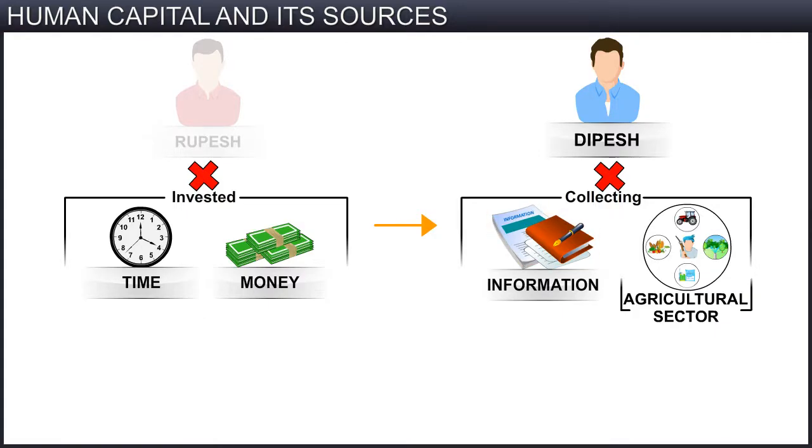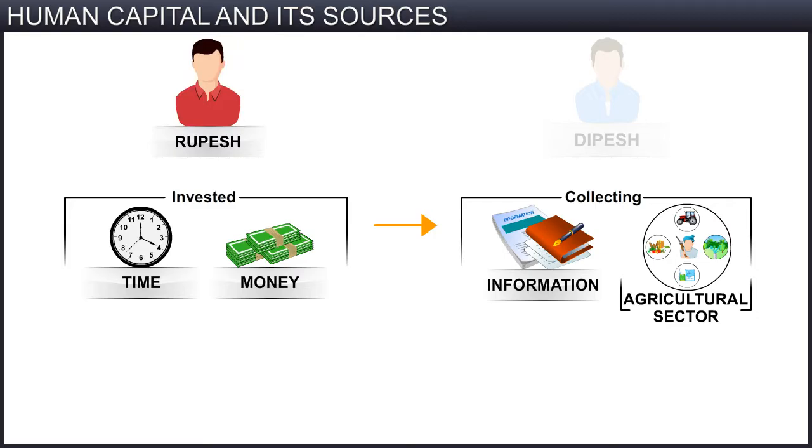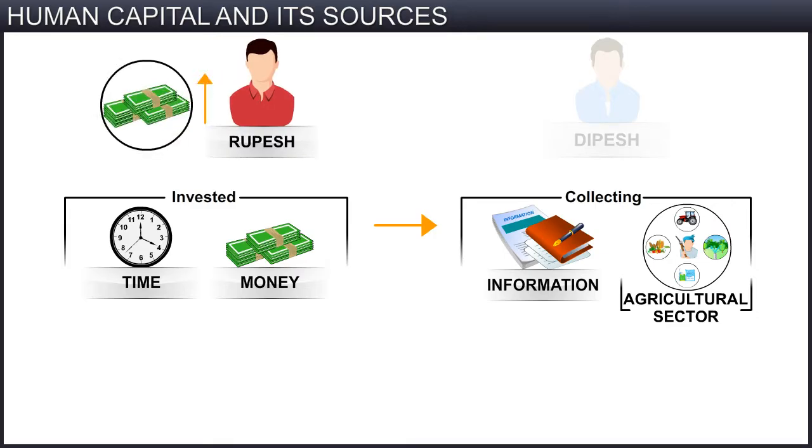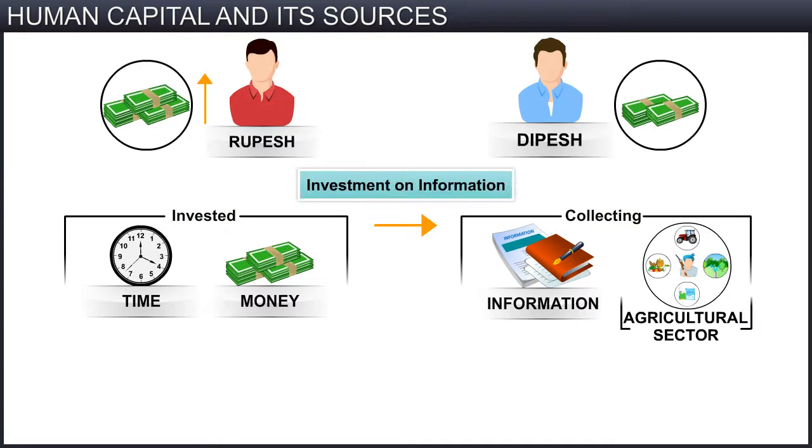As such, he still follows outdated farming practices. Because of his investment, Rupesh's family income greatly increased compared to that of Dipesh's family. This is why investment on information is one more crucial source of human capital.